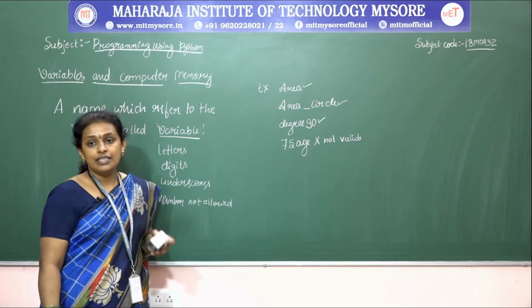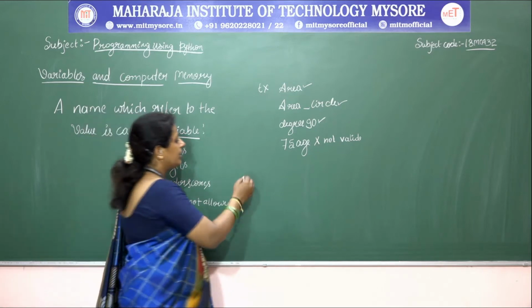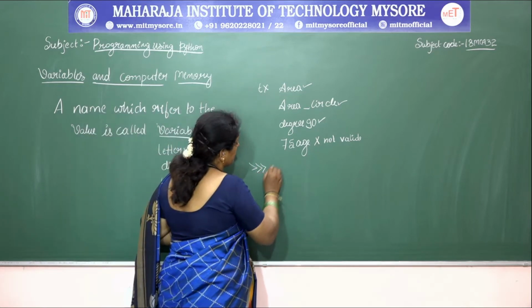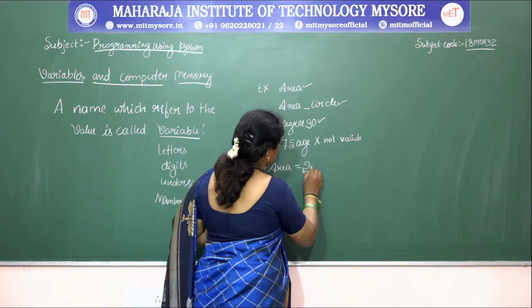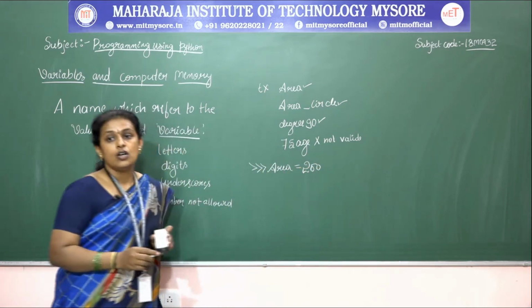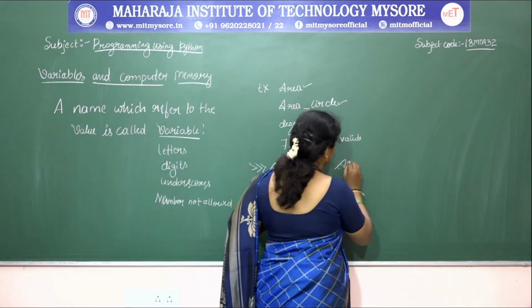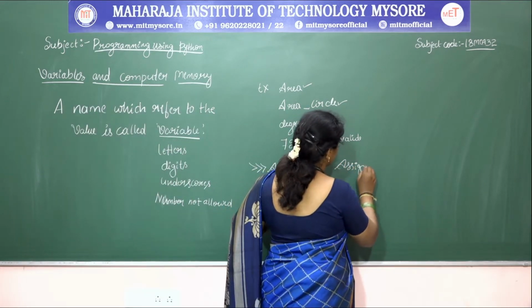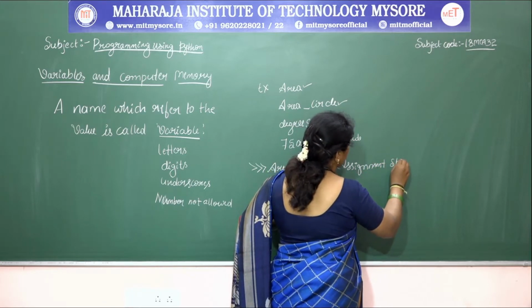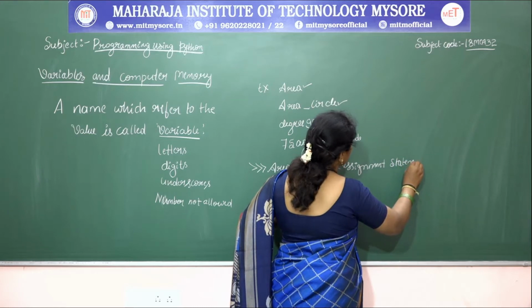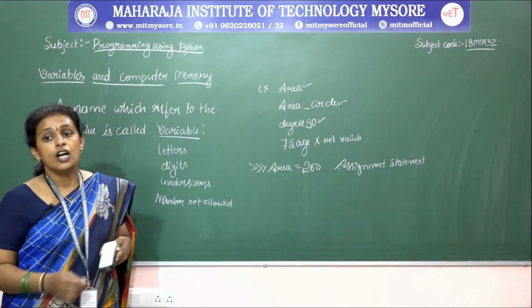So let me give an example of an assignment statement. Here area equal to 200. This is what we call an assignment statement.